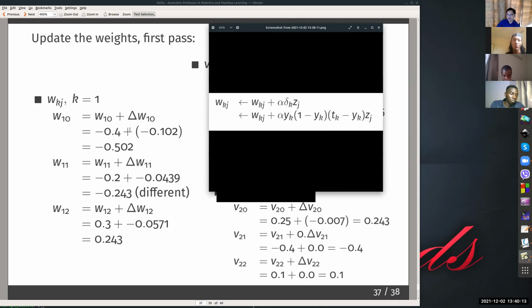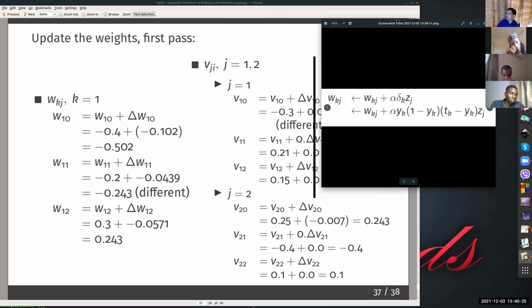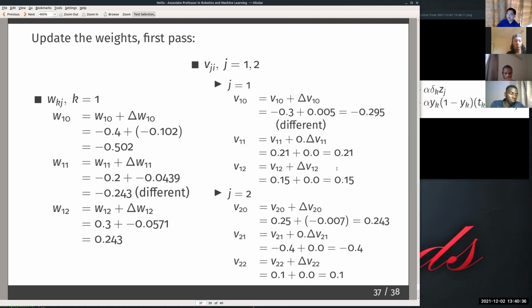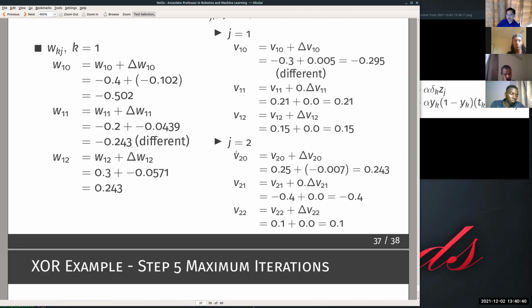That's how we update it. What I'm showing here is a different value from the original slide where I adapted these slides. I think this is easy. So now we go to updating the weights of the hidden layer. This is the weights of the output layer, and this is the weights of the hidden layer. Any questions?